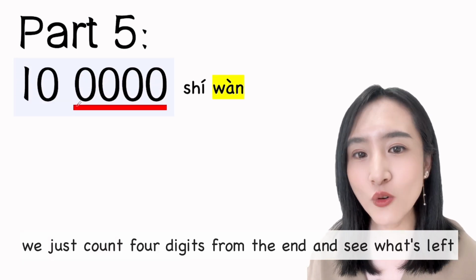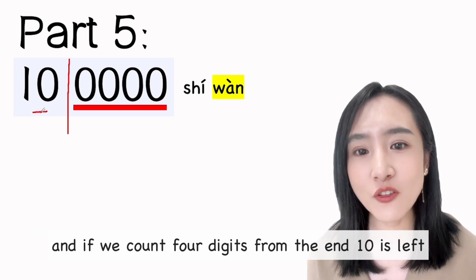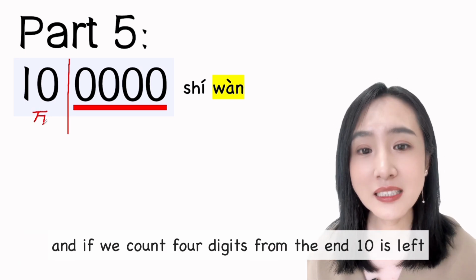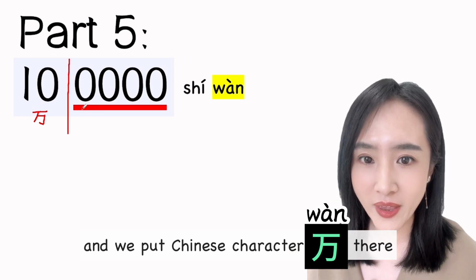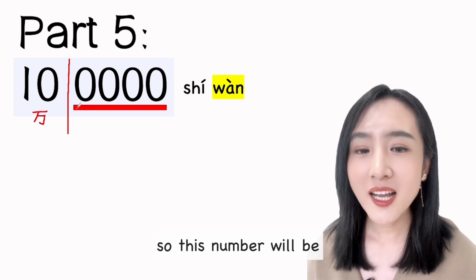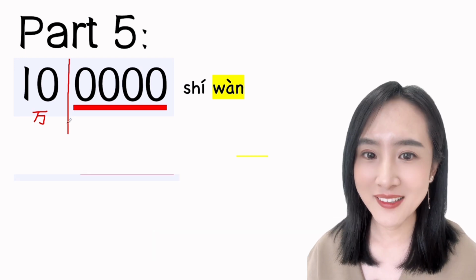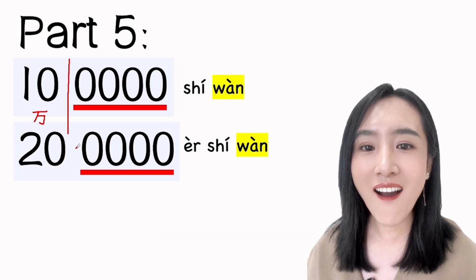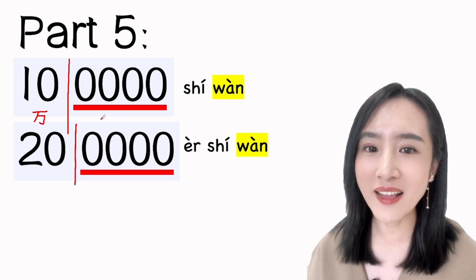We just count 4 digits from the end and see what's left. And if we count 4 digits from the end, 10 is left. And we put the Chinese character 万 there. So this number will be 十万, right? The second will be 二十万.